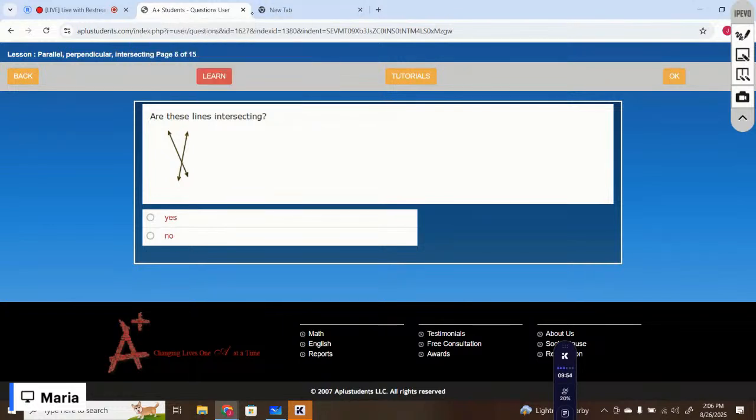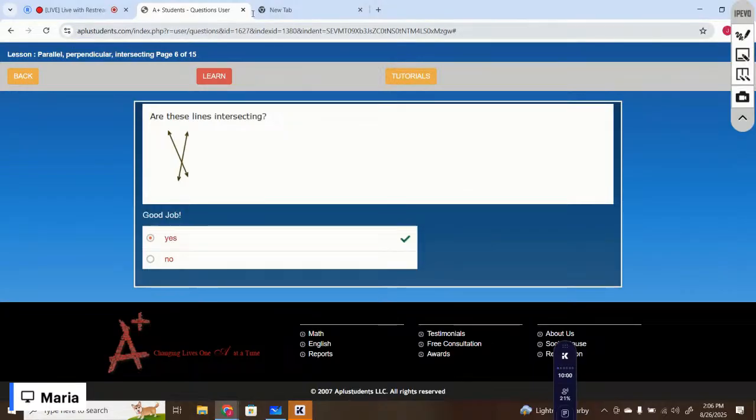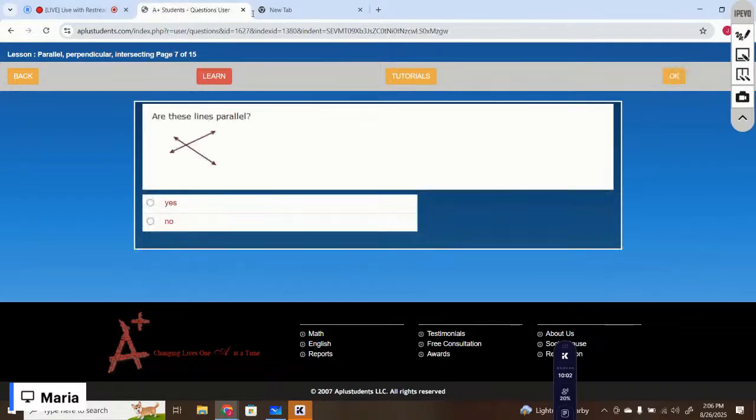Are these lines intersecting? Yes, they are. Option number one is the correct option. Are these lines parallel? No, they are not the parallel lines.